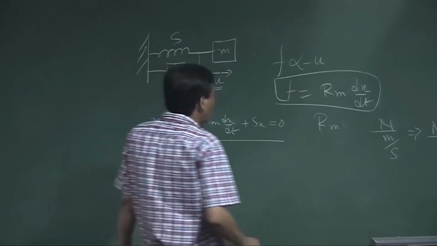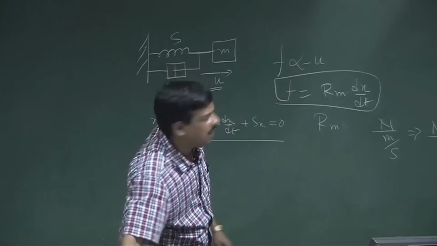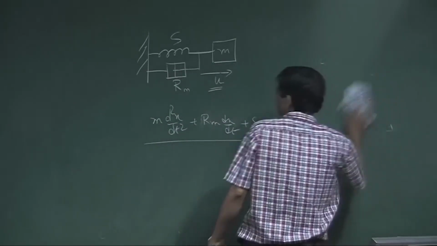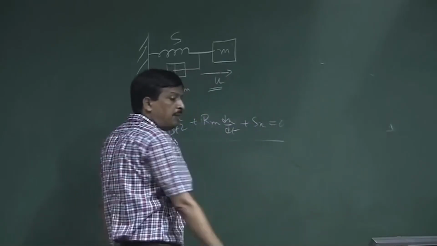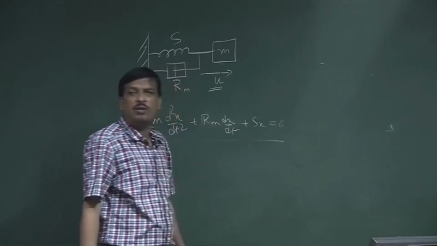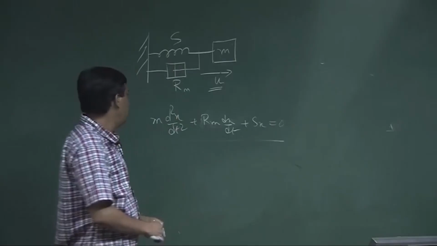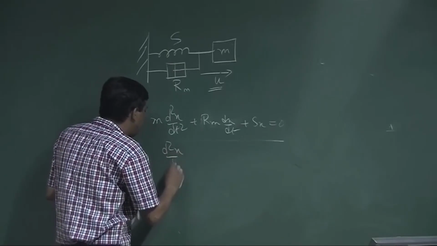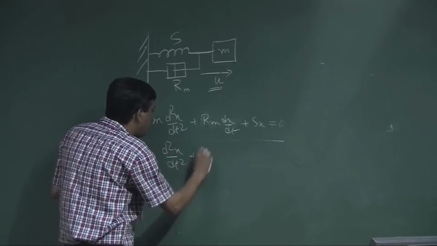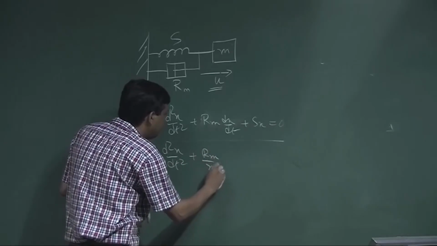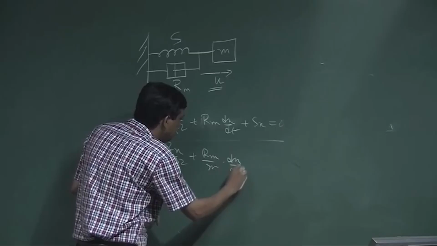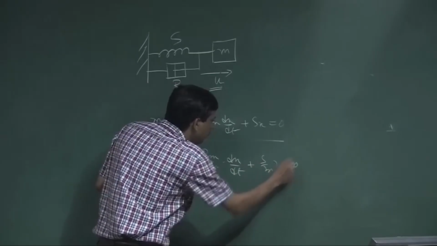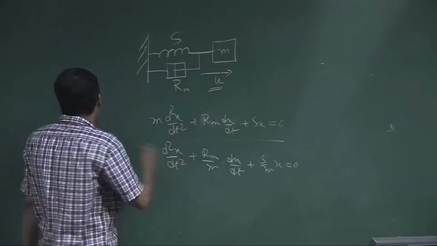Now, the same solution principle I should apply. This damped oscillation is also a second order differential equation. So, first simplify it. It is d2x by dt square plus Rm by m dx by dt plus s by m x is equal to 0. Same things I consider.